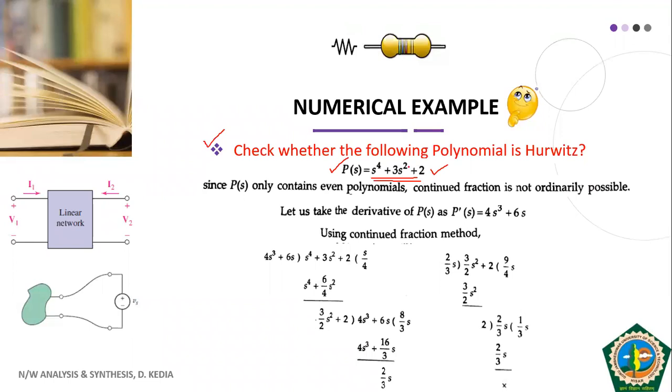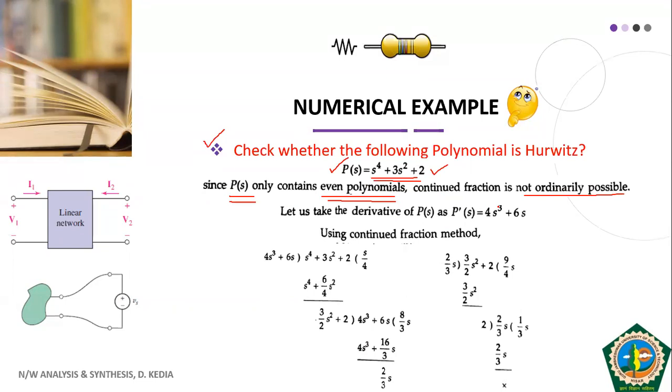So what we will do in such a case, PS is our polynomial which contains only the even terms, and we can call it an even polynomial. So continued fraction here is not ordinarily possible. Okay, because in continued fraction we require one even part and another odd part. Since this is even only, there is no odd part existing here.